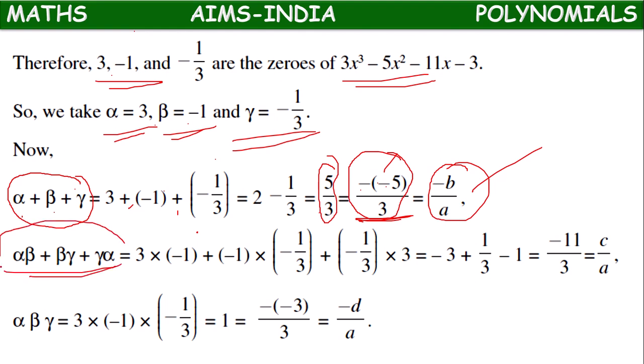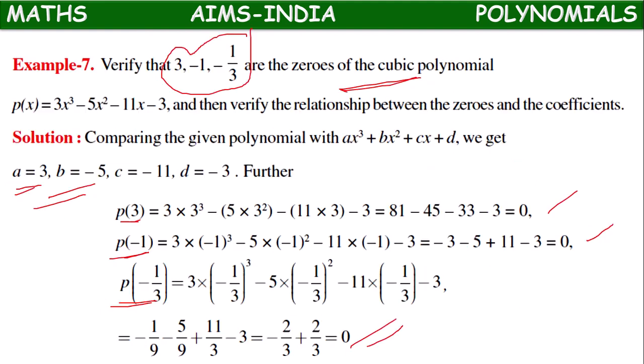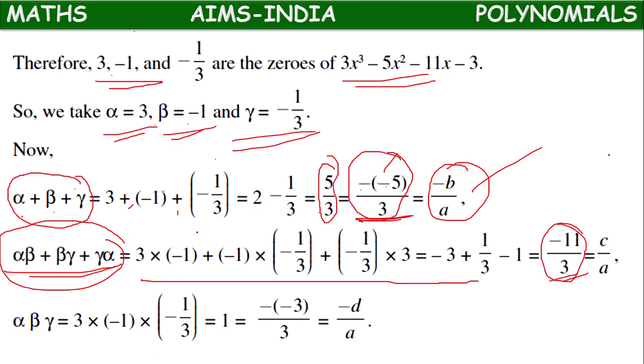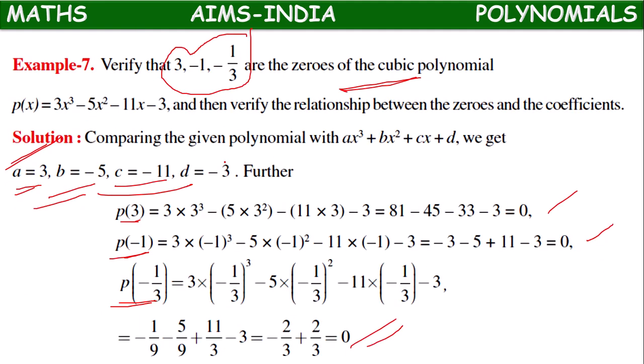Second relationship also, if you substitute the values, minus 11 by 3 we are getting, where minus 11 is nothing but C, 3 is nothing but A. So C by A, the second relationship also proved. Third one, alpha, beta, gamma product. If you do the product, minus of minus 3 by 3 comes, where D value is minus 3, A value is 3.